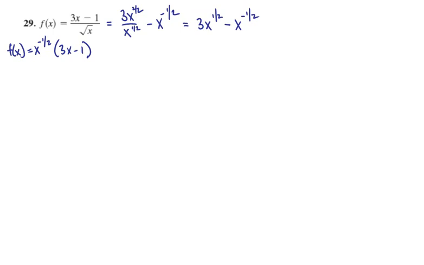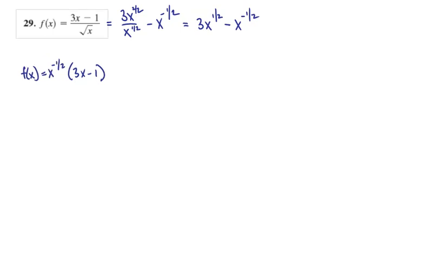And you could have also multiplied out the x to the negative 1/2 times 3x minus 1, and you would have gotten the same results there. 3x to the 1/2 minus x to the negative 1/2. And that's probably the ideal way, whether we do it by dividing or by multiplying by x to the negative 1/2. That seems to be the ideal way.